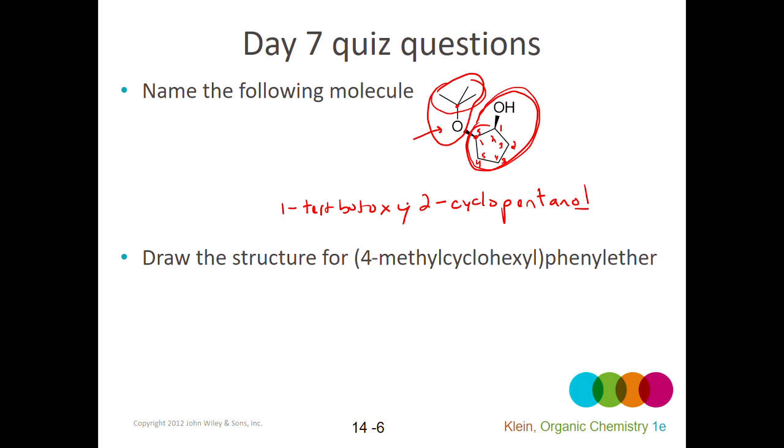So I can call that 1-tert-butoxy 2-cyclopentanol, or if you labeled it on your answer as 2-tert-butoxy 1-cyclopentanol, I would also give you credit for that because those two are very similar, and I don't necessarily expect you to remember how to prioritize them.